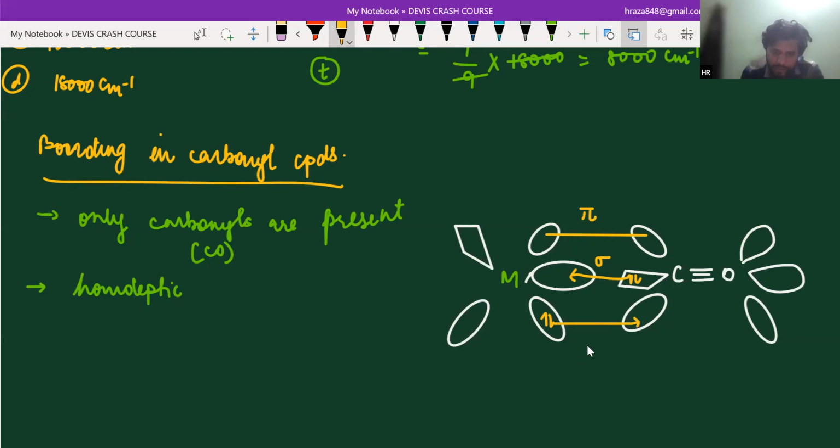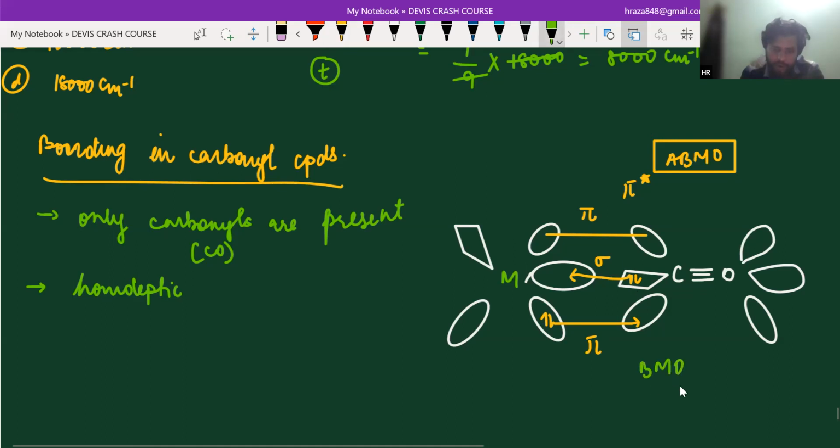This is your pi star, the anti-bonding molecular orbital, which you have studied in chemical bonding, and this is your bonding molecular orbital. This is the representation of synergic bonding.